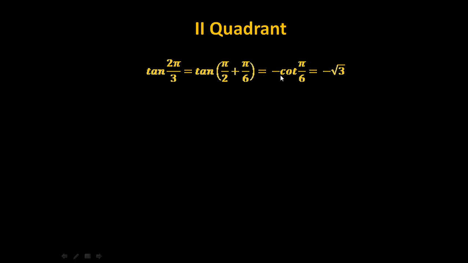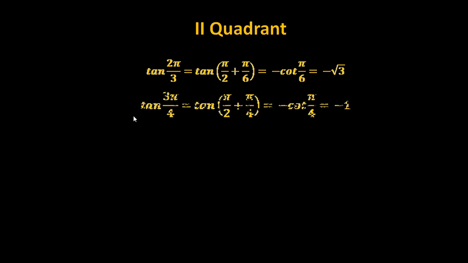So ultimately it becomes minus cot pi by 6. So why does tan of 90 plus theta become minus cot theta? If you have any doubt in this part, then you can watch the same video that I have discussed earlier, titled why sine of minus x is equal to minus sine x. In that video we have discussed it elaborately, so you can watch that.